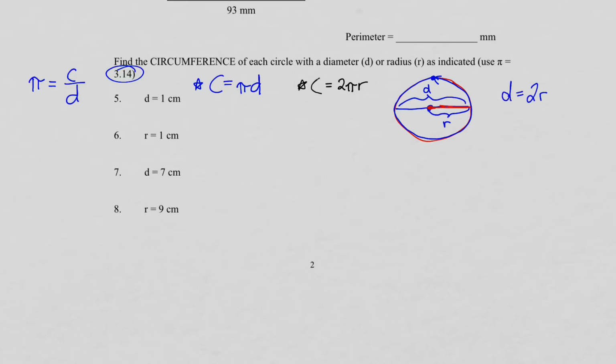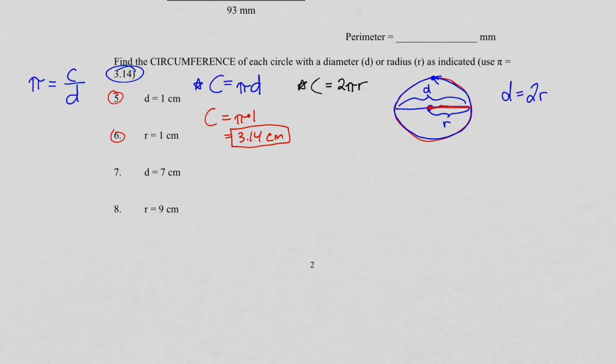So number 5, I'm just going to go ahead and do number 5 and 6. Number 5, d equals 1, so I'm just going to use this formula. And then pi is just 3.14, so this is centimeters.